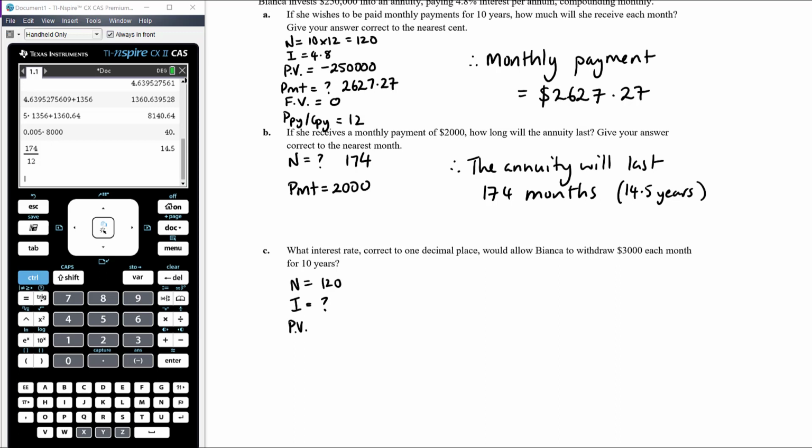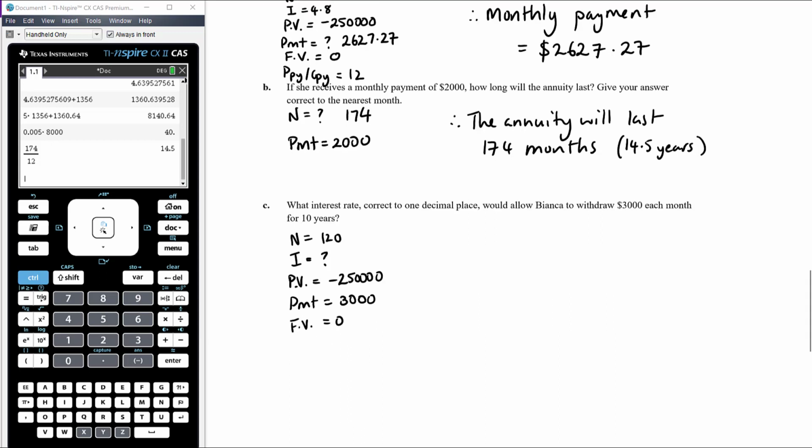Our principal value is still the negative 250,000. Our payment, she wants to withdraw $3,000 each month, so it should be positive 3,000. Our future value, we want it to be 0. We want to use up the annuity over a 10-year period, and our payments per year and compounds per year are still going to be 12.